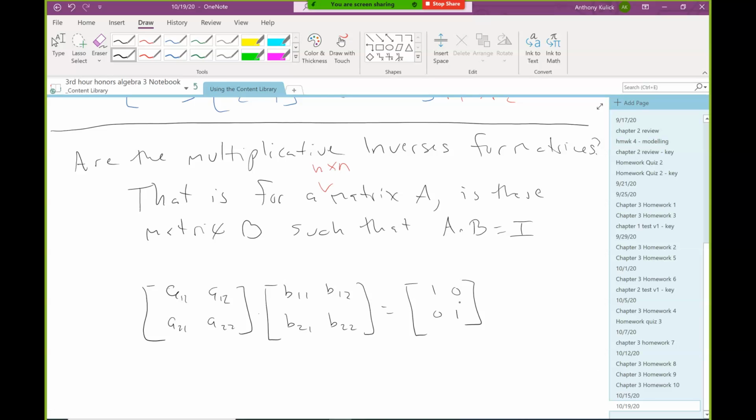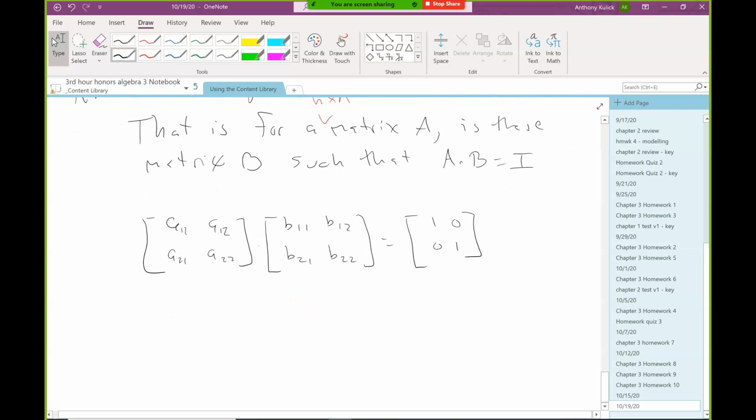Everybody's good with this so far? All right. So let's go ahead and multiply these together. When I multiply the first row of A with the first column of B, I have A11 times B11 plus A12 times B21. And then when I multiply row 1 by column 2, I have A11 B12 plus A12 times B22.